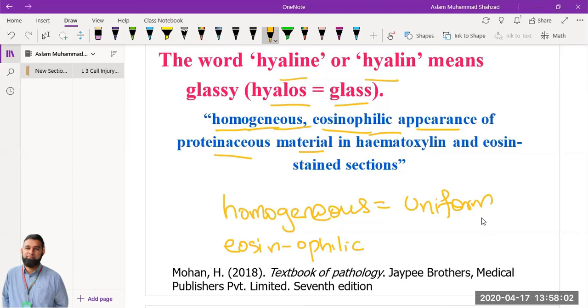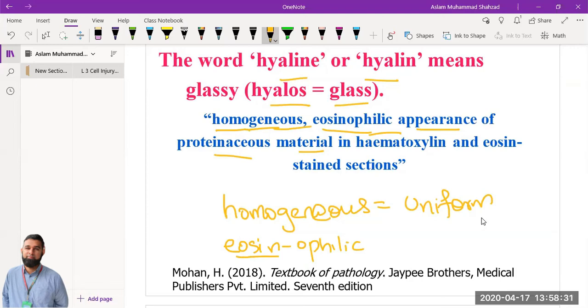If we see this word, we can split eosinophilic. Why do we name this eosinophilic? Because eosin is the stain that has been used to differentiate different organelles, suborganelles, or cellular structures. And because we use eosin as a stain, and this staining technique has been used to identify the hyaline changes, that is why we term it eosinophilic.